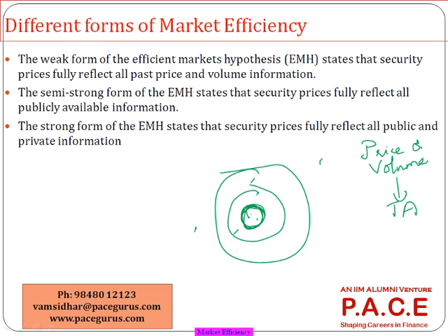If a person is doing a technical analysis and making abnormal profits consistently, only some kind of graphical or statistical analysis on the past price and past volume data, and he is able to make abnormal profits consistently, then we say that the market is inefficient even in its weakest form.